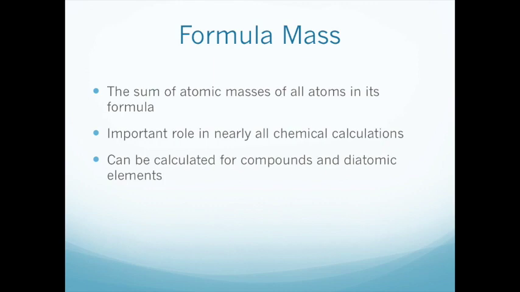This allows us to do calculations with regard to chemical reactions and their completeness. It also lets us properly choose our reactants so that reactions will go to completion. And we can calculate a formula mass for both compounds and diatomic elements such as oxygen and nitrogen.